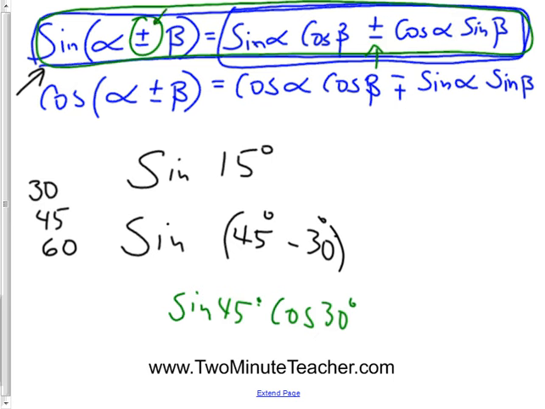Since this sign is plus over minus, that means that I should use the same sign. So if I'm using a subtract here, then when I do the rest of the problem, I should use a subtract for this sign. Okay? Now it's cosine of alpha, which is the 45, and sine of the beta, which is 30. Am I done yet? Nope.